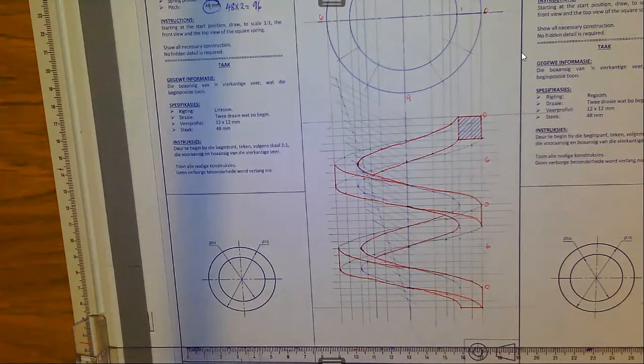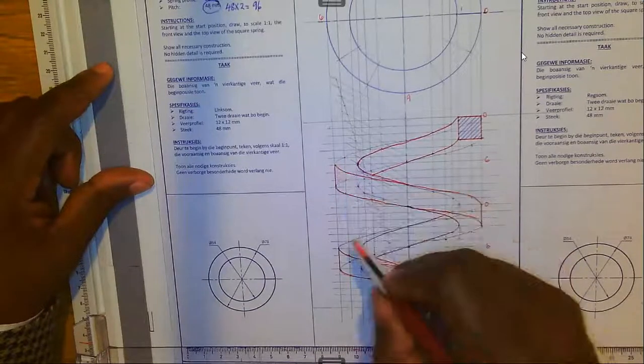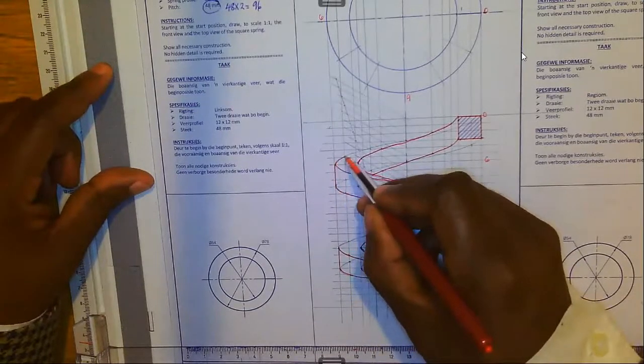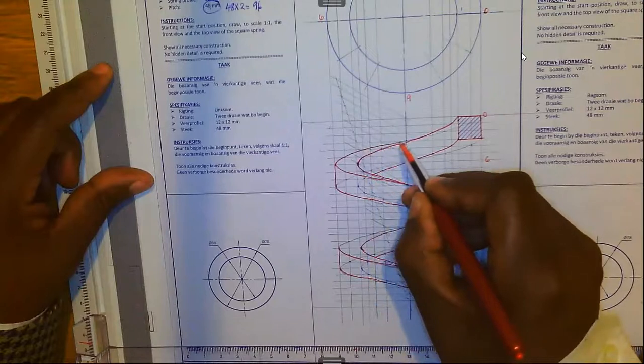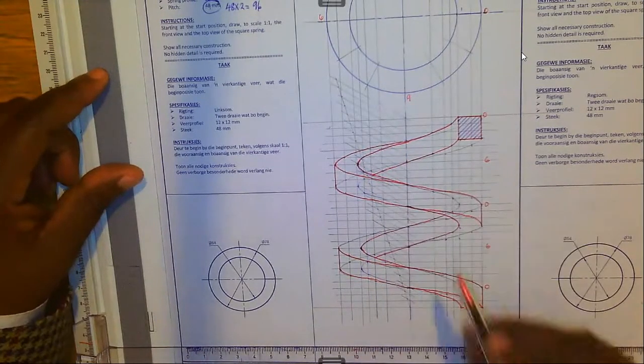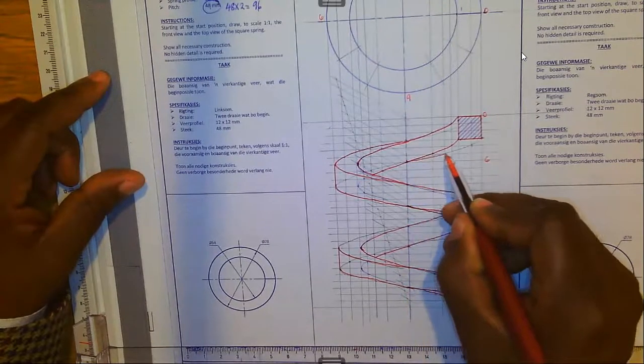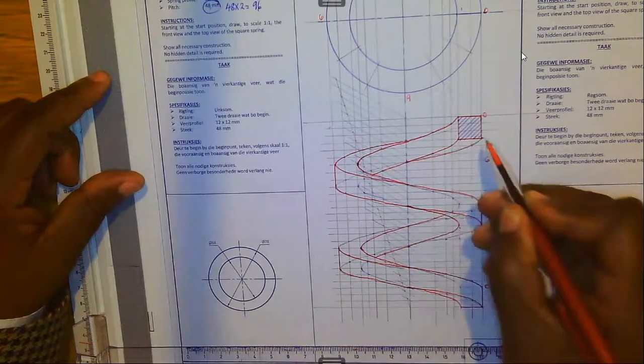Then from here. The next thing that you require is now to define that part of the helix which is going to the right but not interfering with what we've done. So if we look at this part, we are going to outline from here to there. Then we stop there. The other part is from here to there.